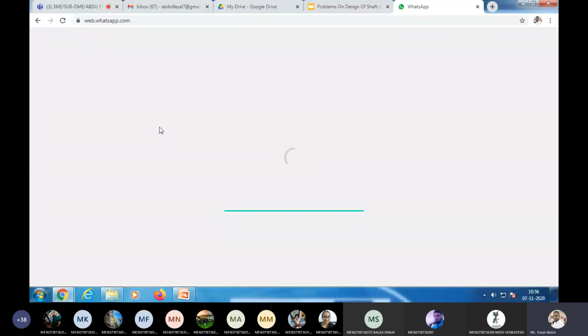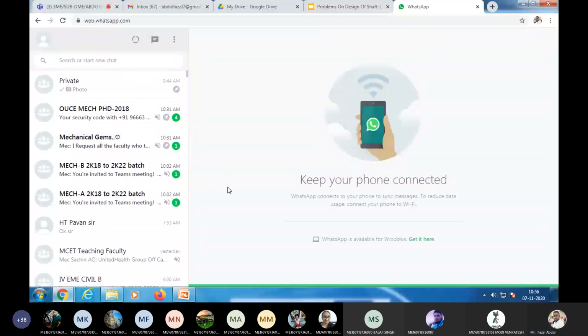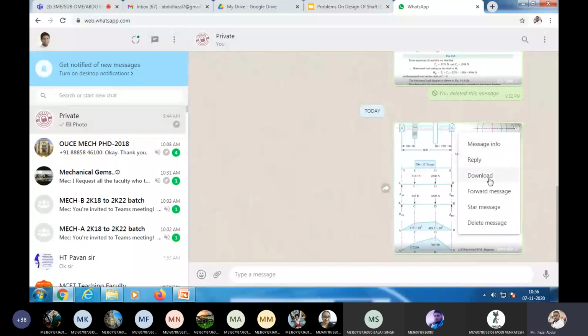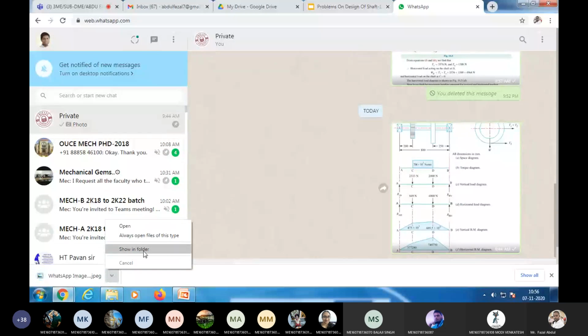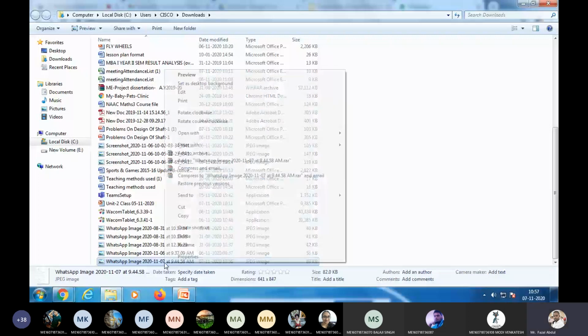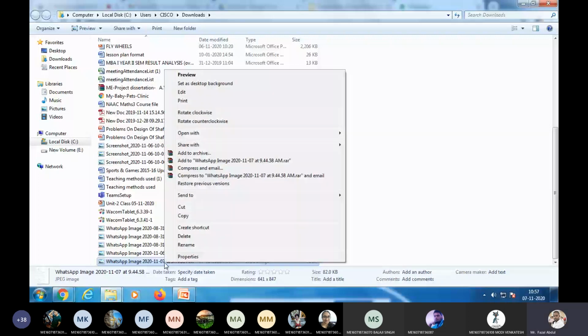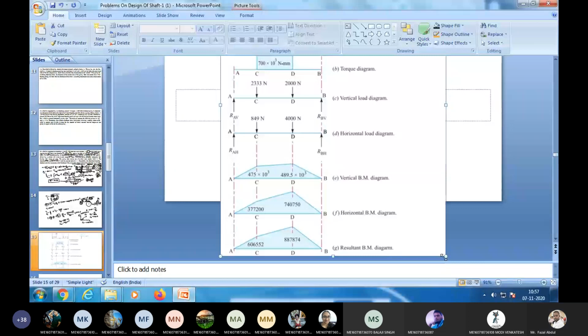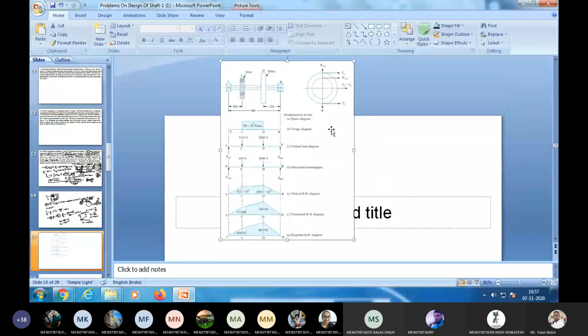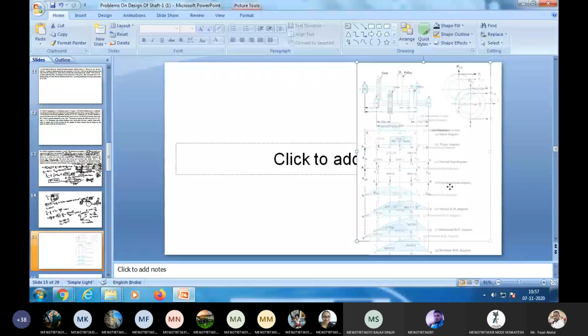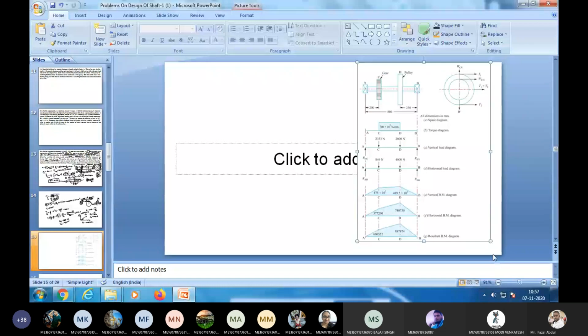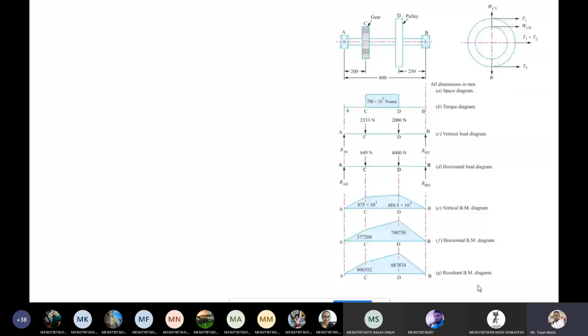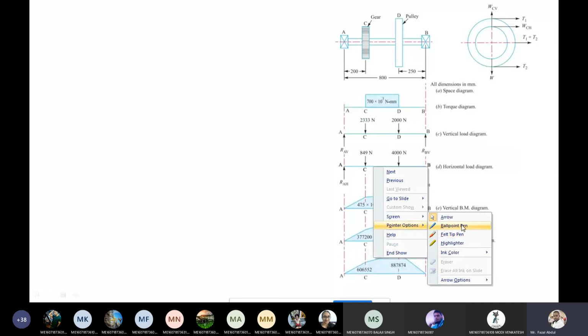You see here, the horizontal load and vertical load we just calculated.